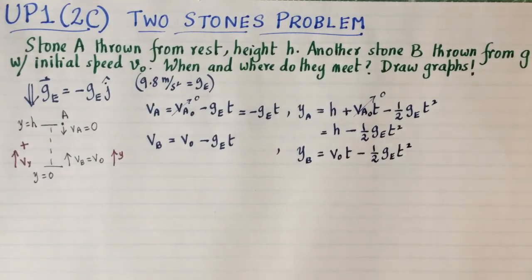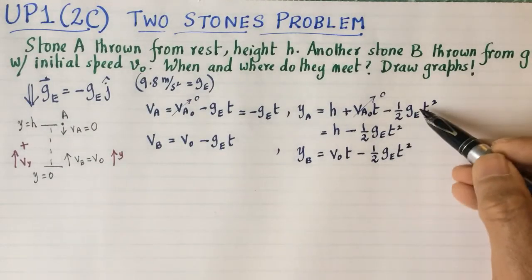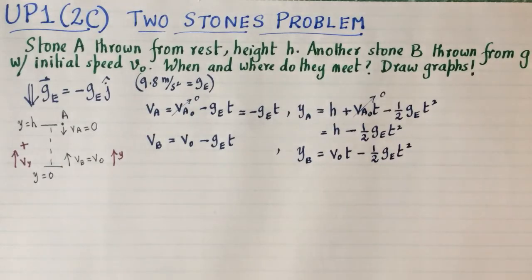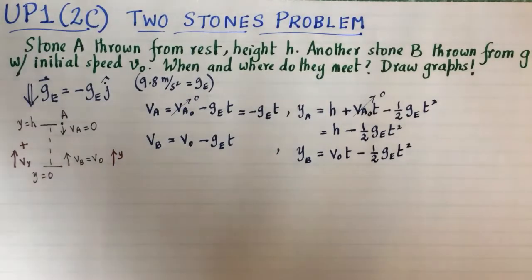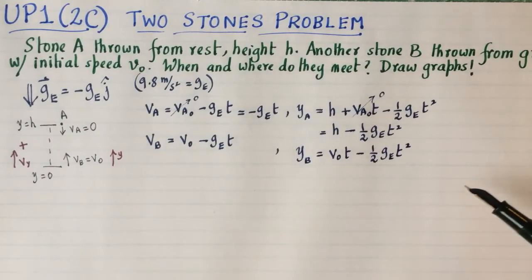So those are the equations, and observe that they both have this acceleration term. So in a sense, you expect the acceleration not to influence things like the meeting time. I'll talk a little bit about that when we finish the problem. So let's write down the condition for meeting.